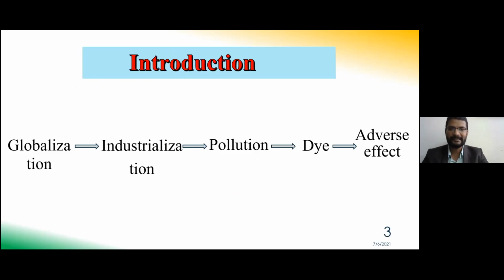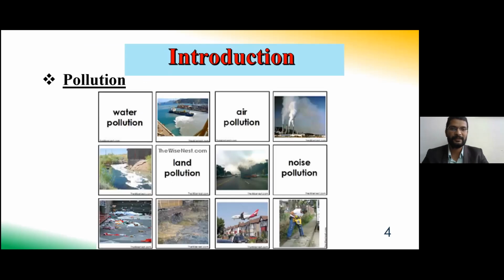With the increase in globalization and industrialization, a large number of pollutants are released as they are into the environment, and they have adverse effects: water pollution, air pollution, land pollution, noise pollution.